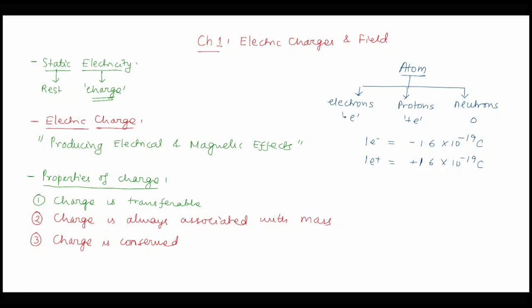Suppose I consider a system with an A sphere and a B sphere. They are both identical in shape and mounted on insulating stands, such that initially A has a positive charge distributed over it, equal to, let us say, 10 microcoulomb.